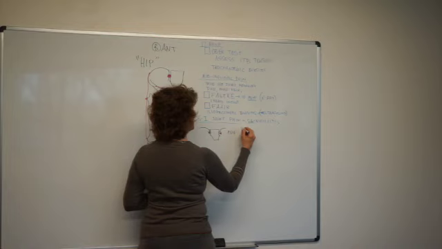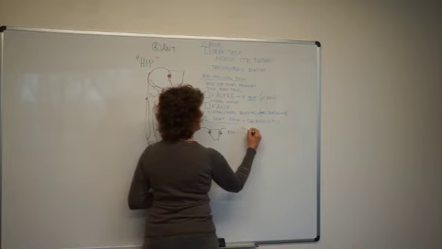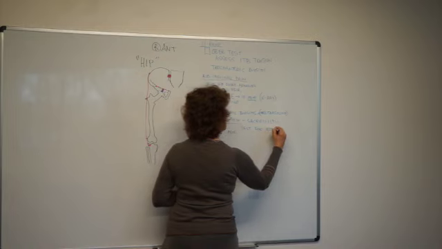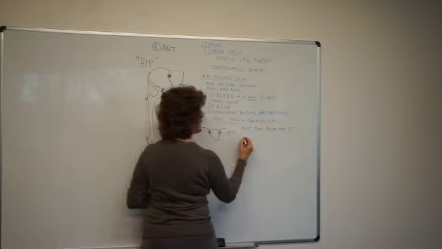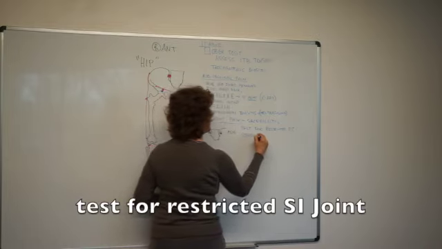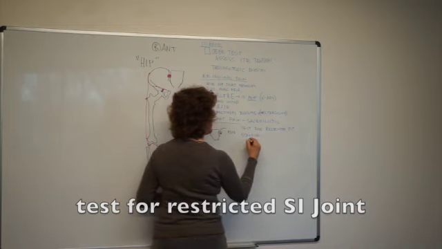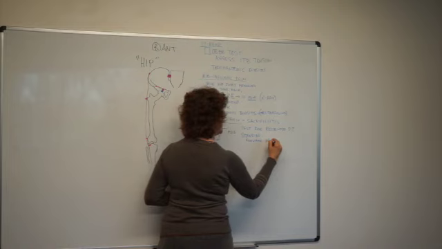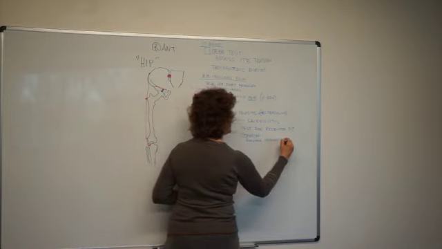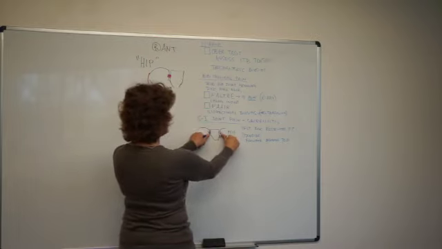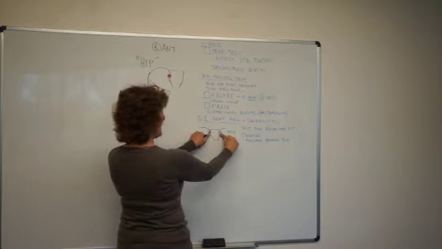Secondly, test for restricted SI. I'm going to give you 2 methods. One is standing. You do the forward bending test, which requires that you have each thumb at the inferior aspect of the PSIS.